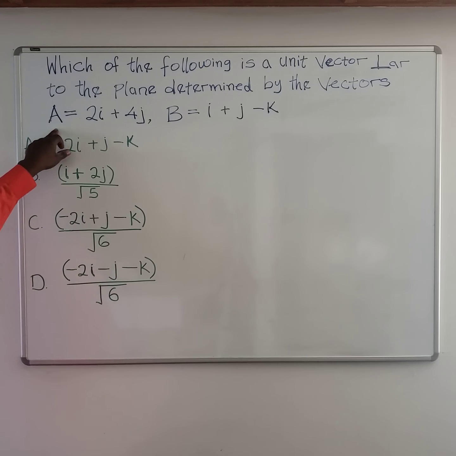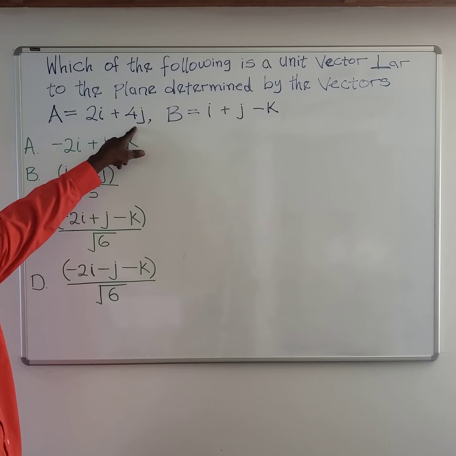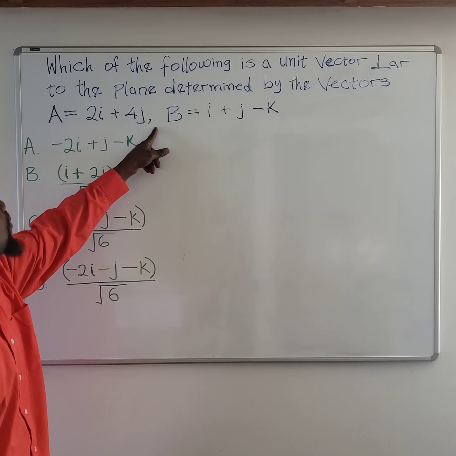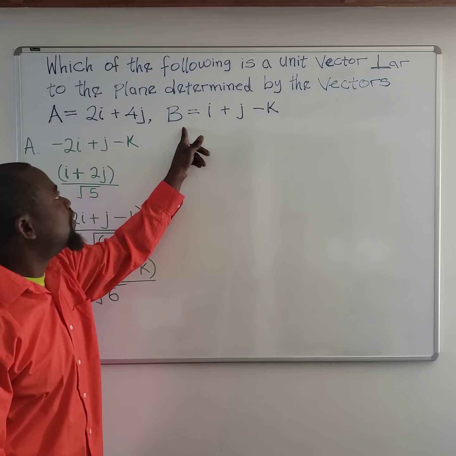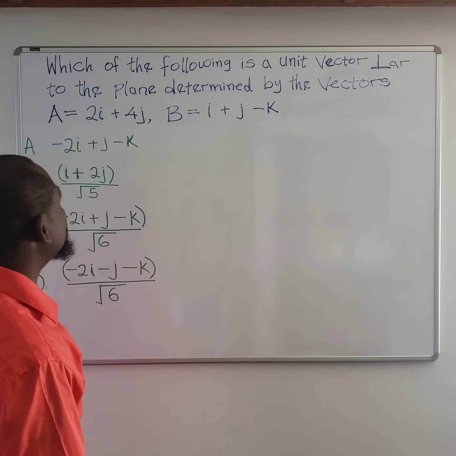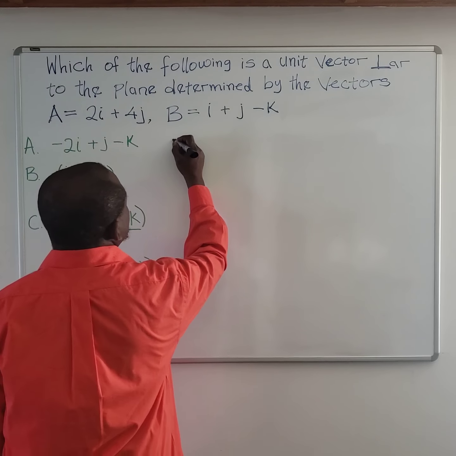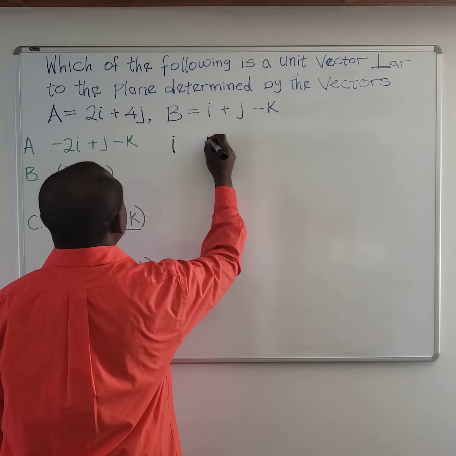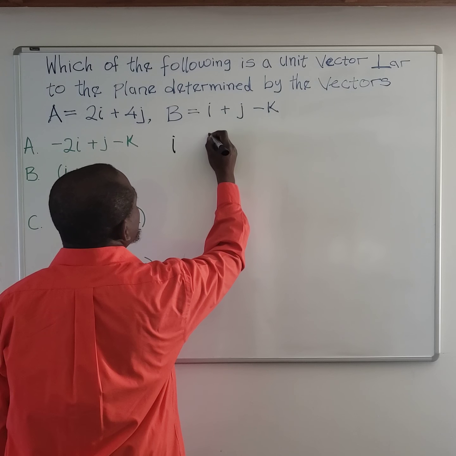I'm given two vectors. Vector A is 2i plus 4j. There is no k element here. Vector B, there's i, there's j, and there's k. So you identify this vector into their respective elements.